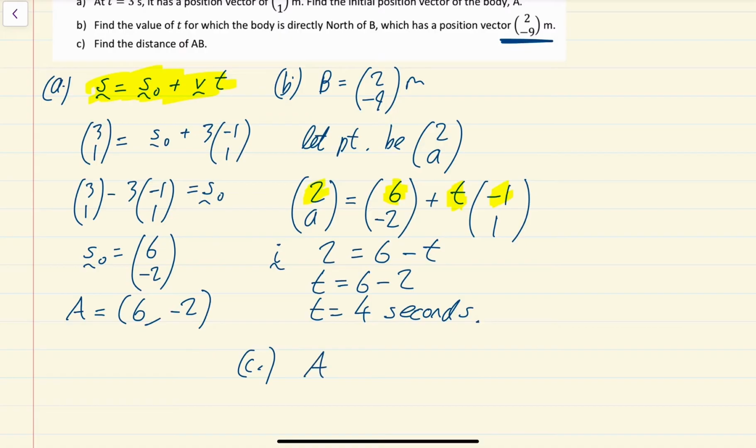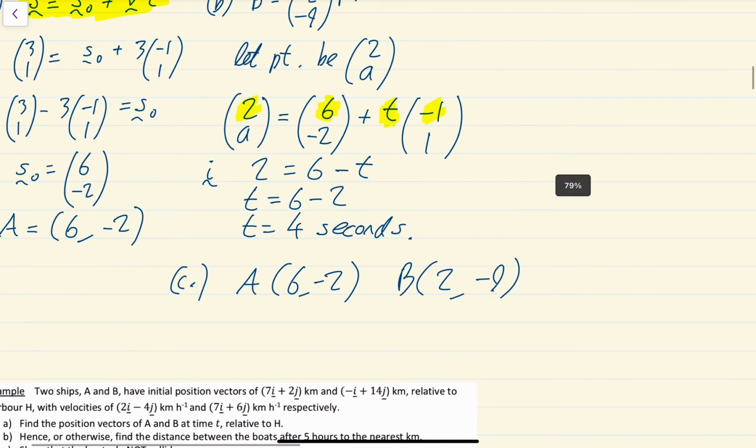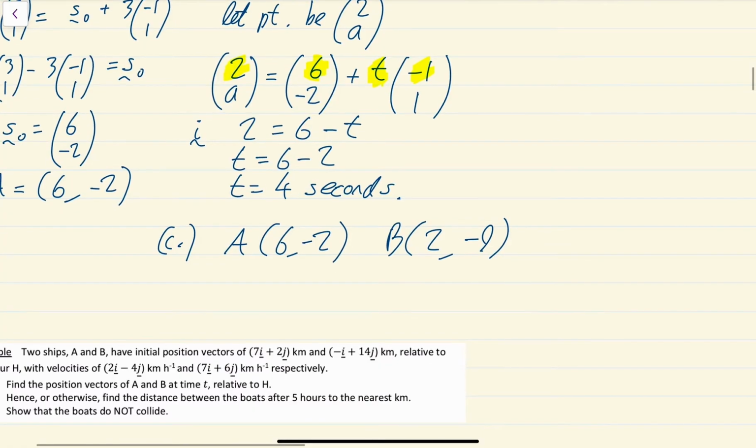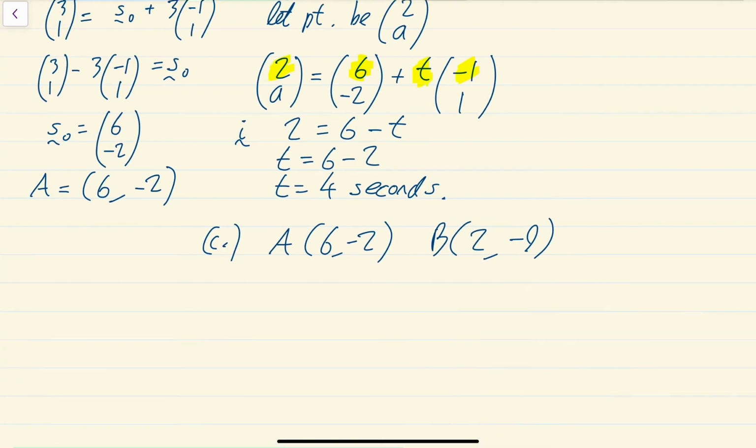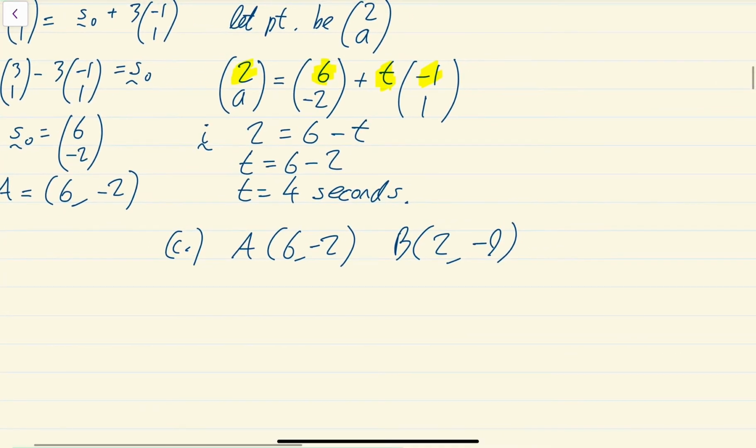Now let's just write these in again. A was (6, -2), and your B was (2, -9). So to find the distance between those two points, you can just use your formula to do this. So my distance AB. This really is from your coordinate formula from way back in GCSE when you were looking at straight lines. You know the points are (6, -2) and (2, -9).